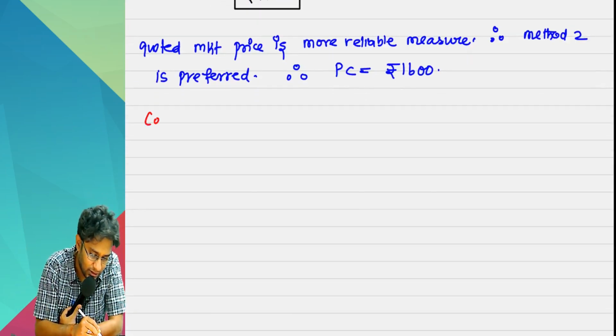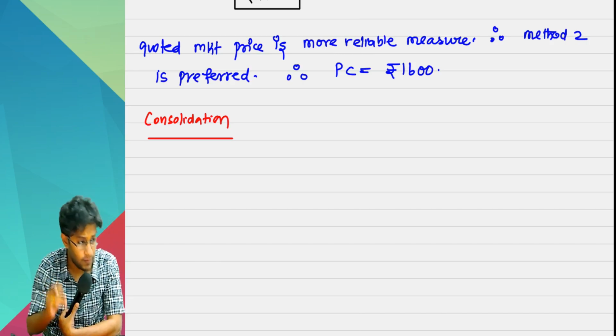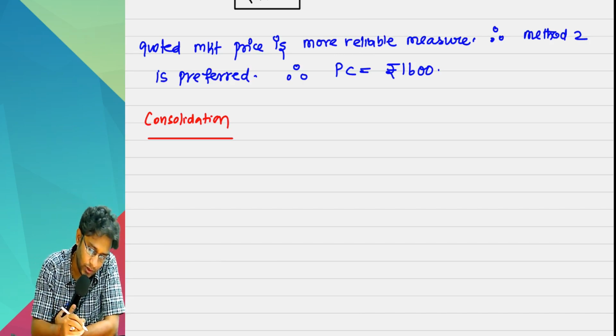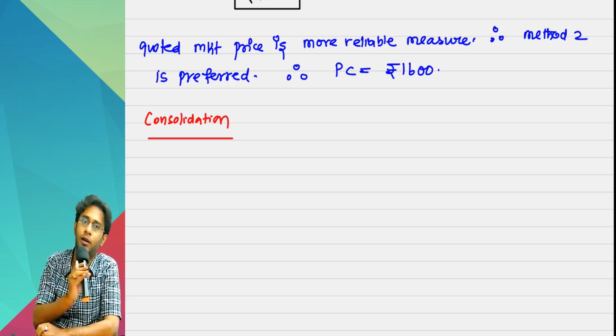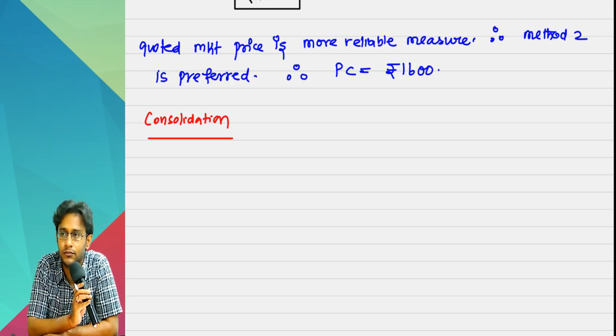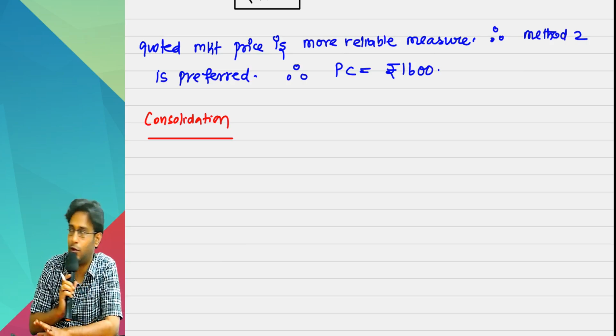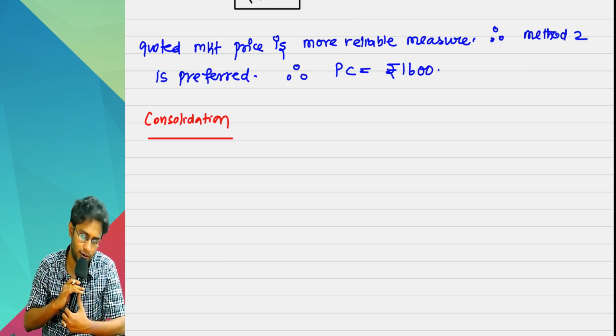So now we'll start the process of consolidation. In consolidation, what should you keep in mind? Who acquired whom? B acquired 100% shares in A. Keep that in your mind strongly and do the consolidation. That's all.